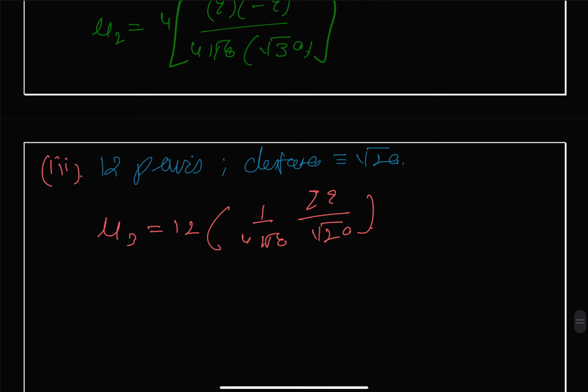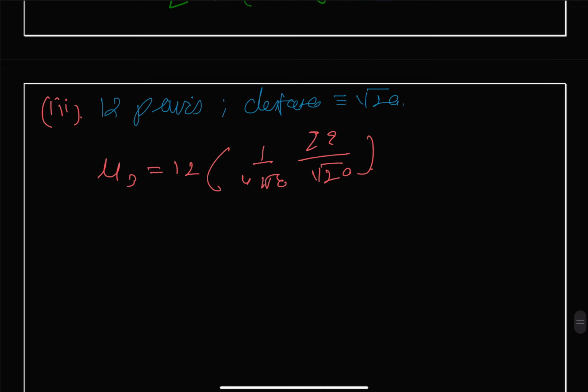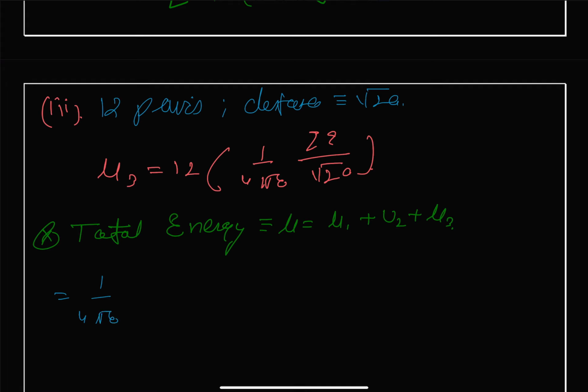We can find out the total energy. Total energy U will be equal to U1 plus U2 plus U3, and we can simply substitute them. So we get 1 upon 4 pi epsilon naught common, and Q square upon A also common. Inside we get minus 12 plus 12 root 2 minus 4 root 3.